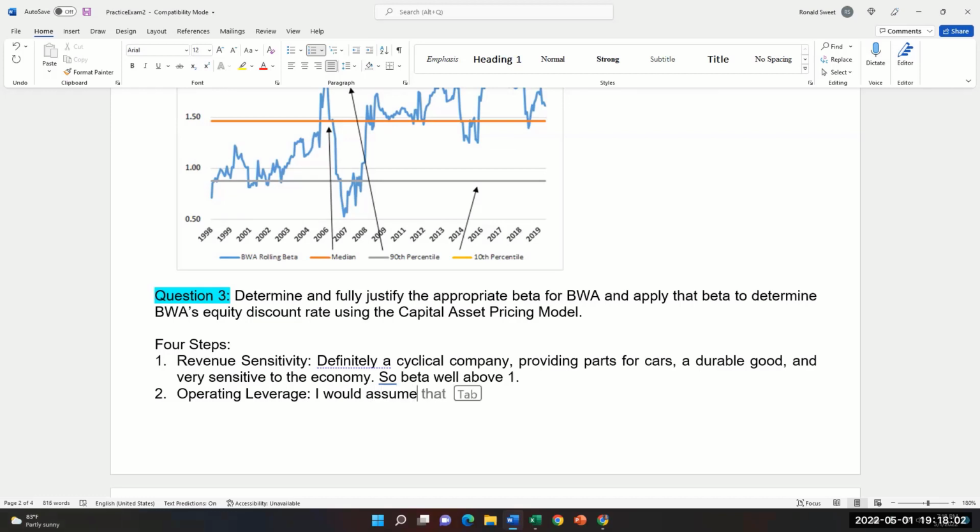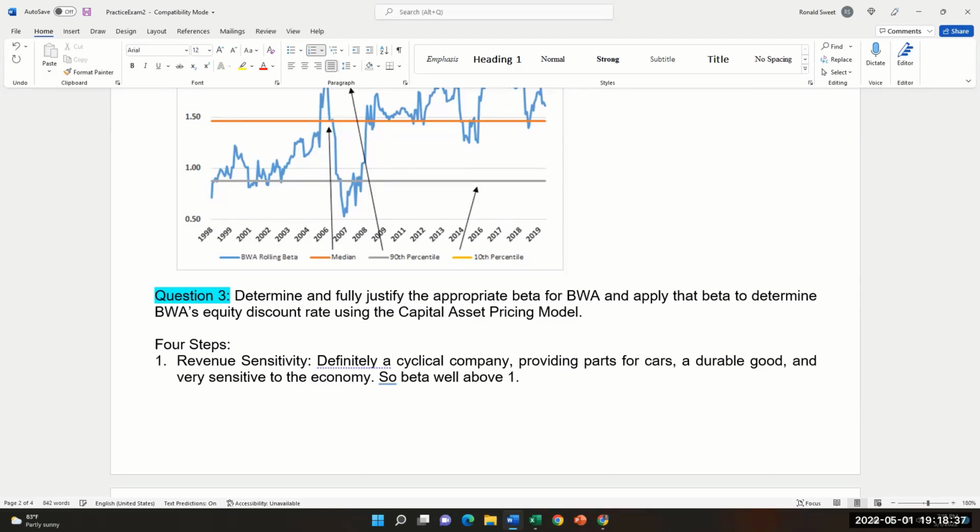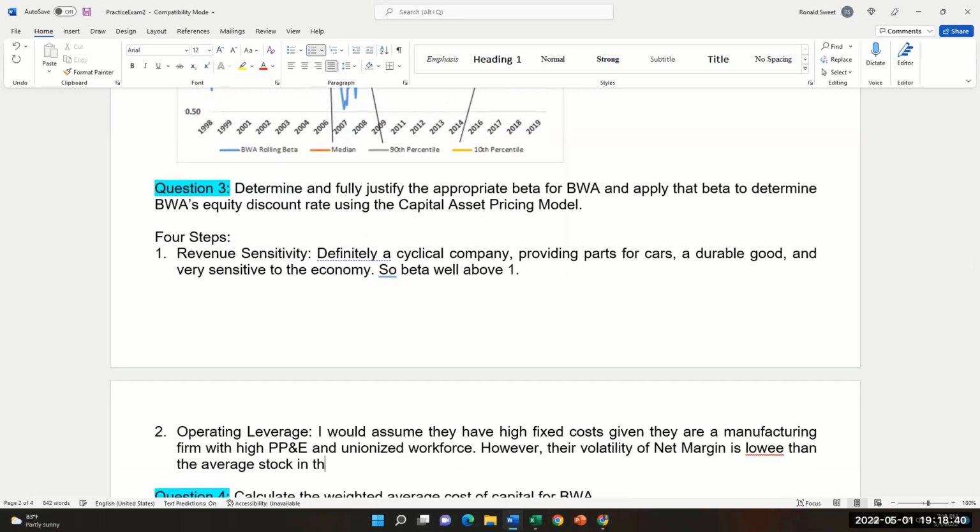If you don't agree with me on the type of company, they have high fixed costs given they are a manufacturing firm with high property, plant, and equipment and a unionized workforce. However, their volatility of net margin is lower than the average stock in the market.